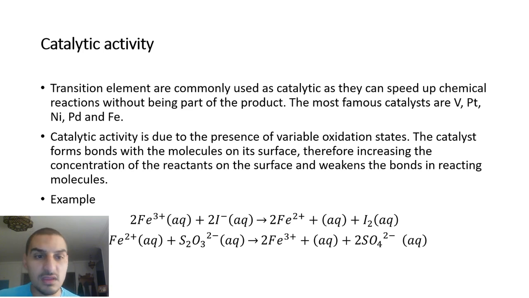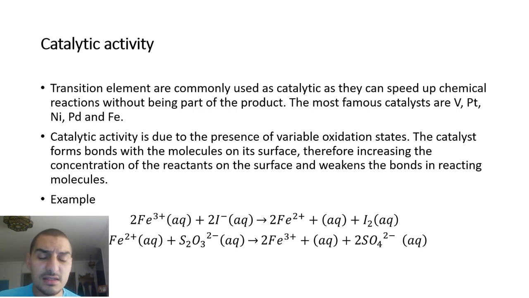They keep their eyes on the transition elements because this is the part of the periodic table that is promising for them. And we know that there are vanadium, platinum, nickel, palladium, iron. They're all metals that are used for catalytic reasons.